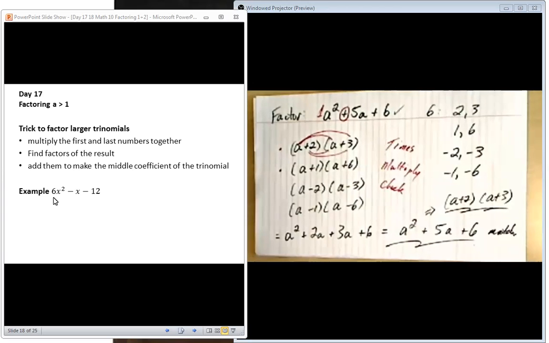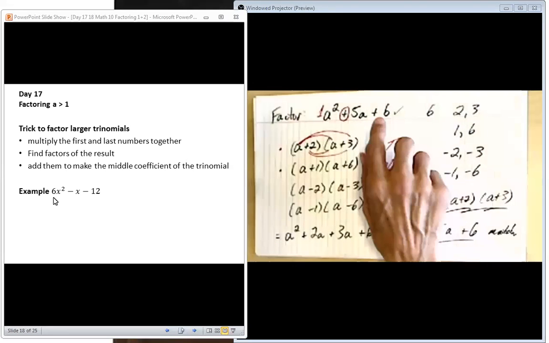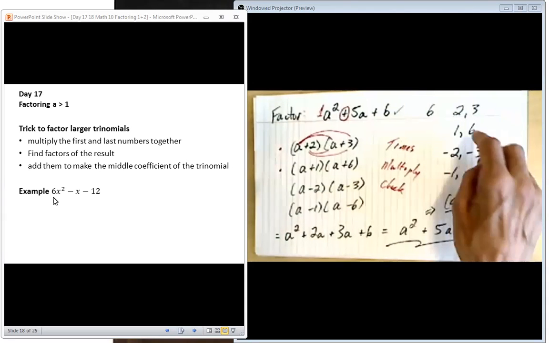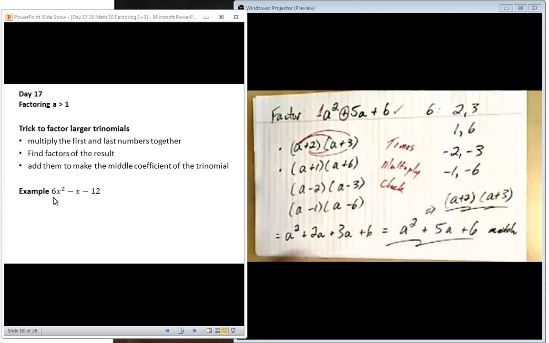So here's what you do. For this one, we looked at the last number and we just worked it out, found the factors. For the new version for today, you multiply the coefficient of x squared and the last one. That's the first times the last.